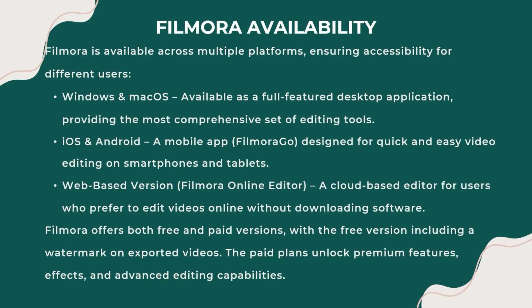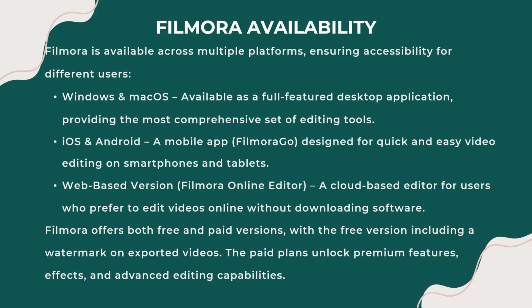So Filmora availability, let's talk about where we can get Filmora and which different operating systems can have Filmora access. Filmora is available across multiple platforms, ensuring accessibility for different users, Windows and Mac OS. Filmora is available fully as a desktop application on Windows and Mac OS, providing the most comprehensive set of editing tools.